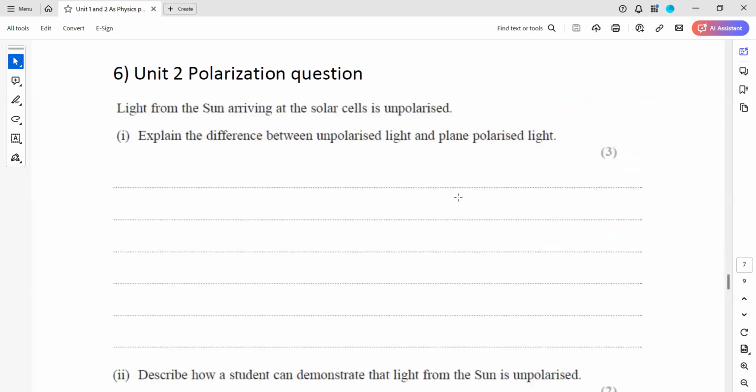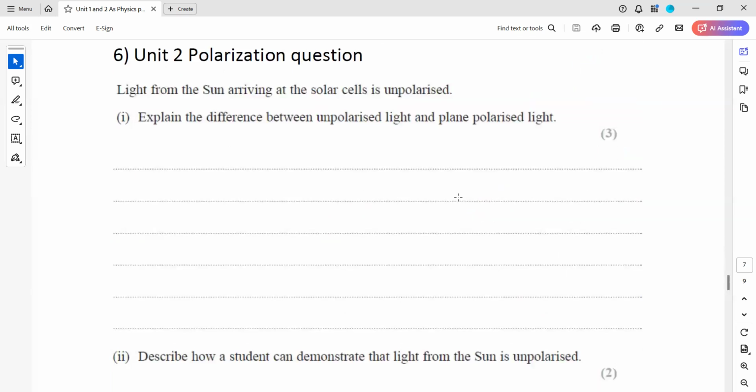This question is related to polarization. Light from the sun arrives on a solar cell is unpolarized. Explain the difference between unpolarized and polarized light. You have to memorize this answer. You have to learn the difference between the polarized and unpolarized light. Unpolarized light has oscillation or vibration in many planes. Look, there are two definitions.